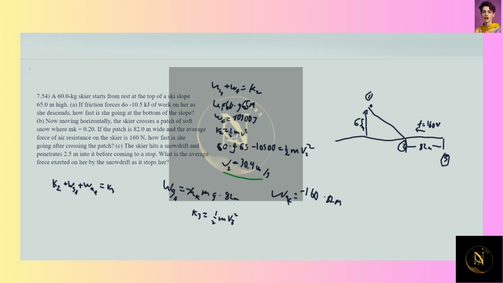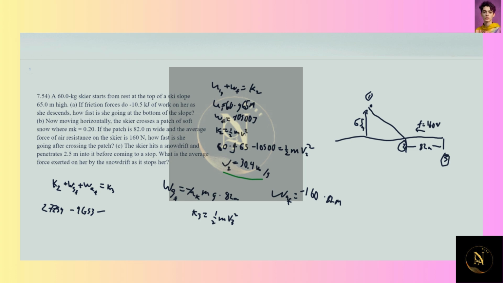If you had found the intermediate step of finding 1/2 mv2 squared, you would find that K2 is 27759 joules. Okay, then our work due to the surface force is going to be 9653 joules.